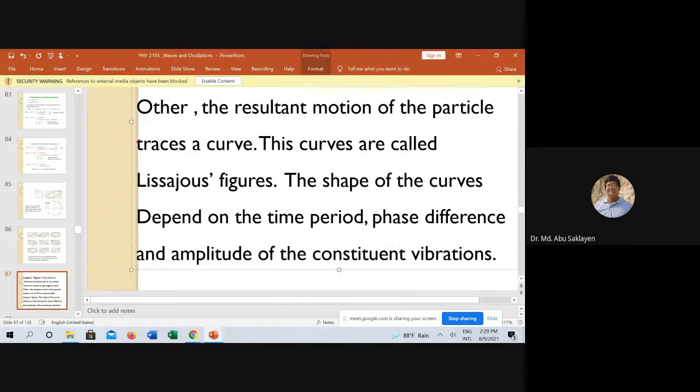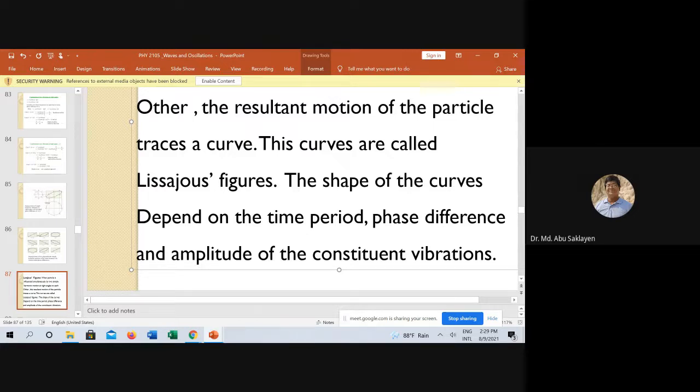So you may find them in an oscilloscope when two sinusoidal waves, one cosine, another sine, one along the y-axis, another along the x-axis, and you can make a difference in phase or time period or frequency.